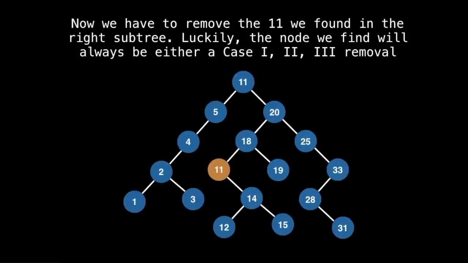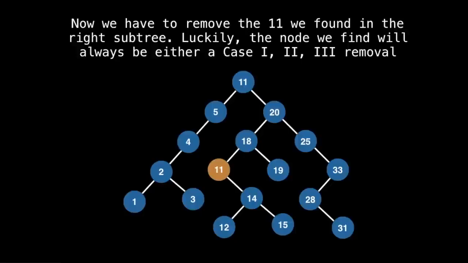It shouldn't be inside the tree anymore. And luckily for us, the successor node we want to remove is always going to be either a case 1, 2, or 3 removal. So in this case, it would be the case where there's a right subtree but no left subtree. And you would just do this recursively, so it would call itself and hit one of those 3 cases.